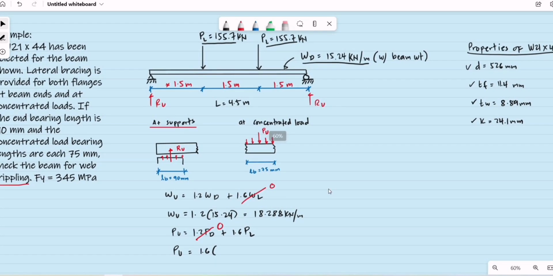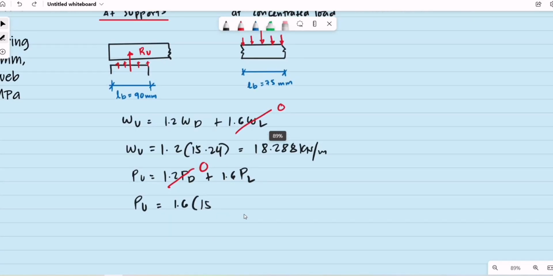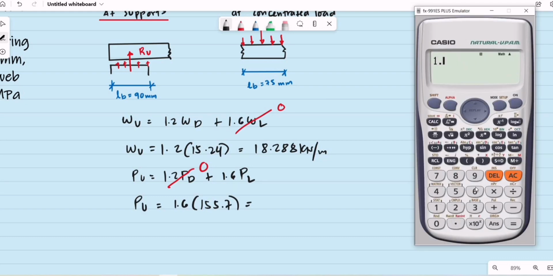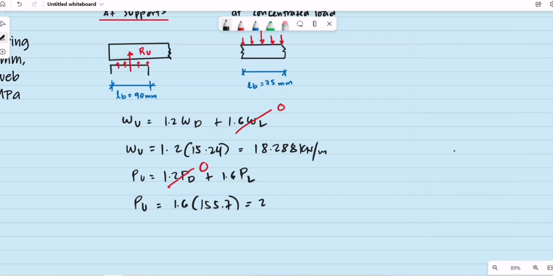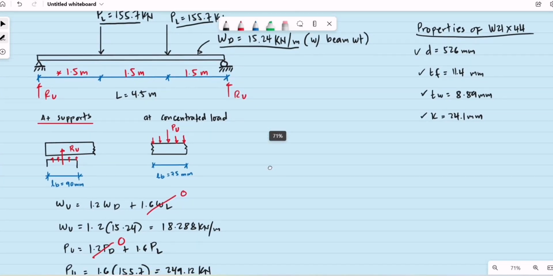P sub L is 155.7 kilonewtons. And this value is equal to 1.6 multiplied by 155.7, that is equal to 249.12 kilonewtons.